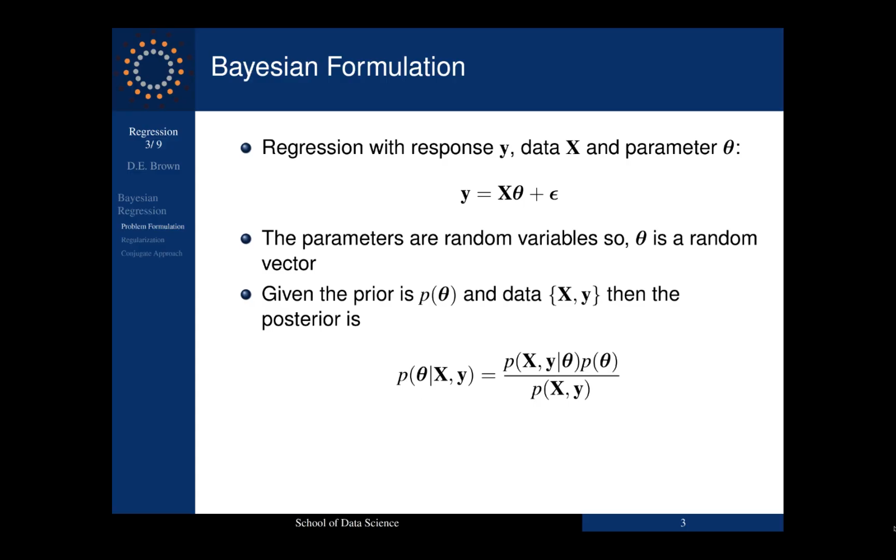So that posterior is on theta given the data, and it's just an application of Bayes' rule. We have the likelihood for the data given the values of the parameters theta, the prior of theta, and divided by the evidence, the probability density function for the evidence.